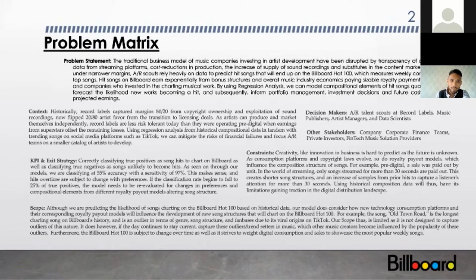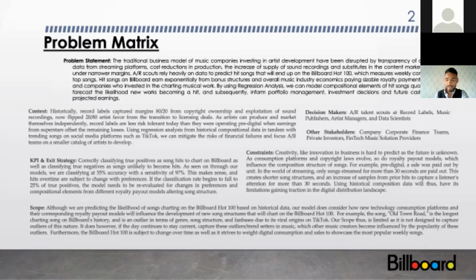And the business problem that we were trying to solve: a little bit of context in the music industry, the models are changing within record labels and how they allocate their capital. Historically, artists would sign a record deal, which would be an 80-20 split in favor of the record label. Now that is completely flipped because artists are bringing their marketing resources to the record labels. So the model has significantly changed.